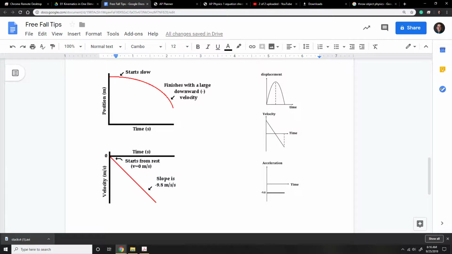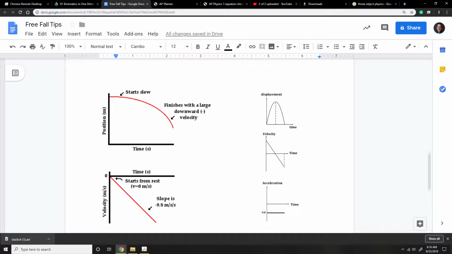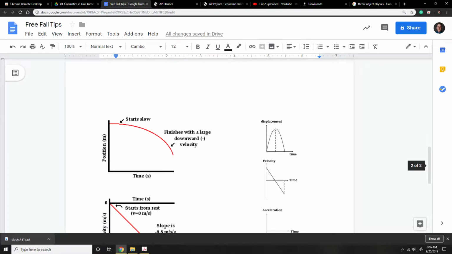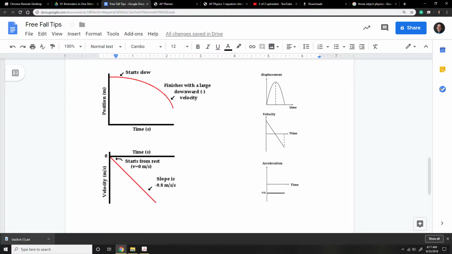And here, these graphs are a displacement, velocity, and acceleration graph showing what happens when you throw a ball up. So this graph here is literally the graph version of this. You throw a ball up, it gets slower, slower, slower. It comes to the max height that it has, and then it starts to fall back down to the ground.